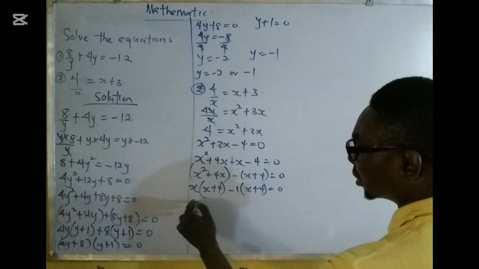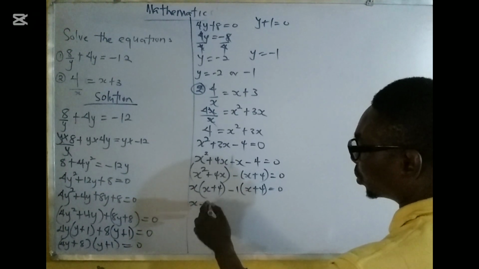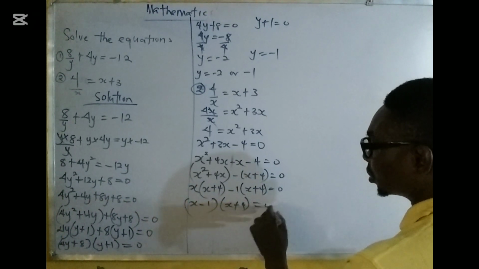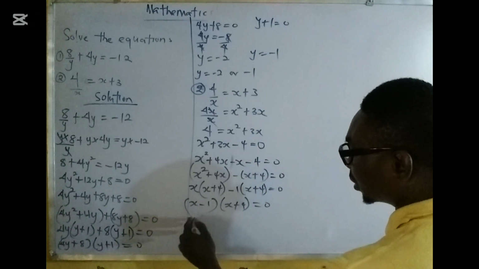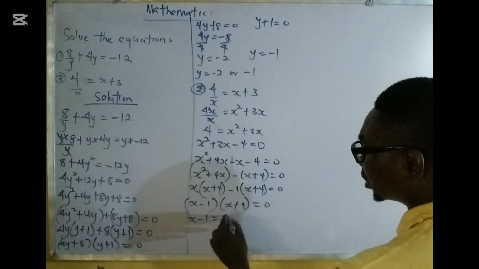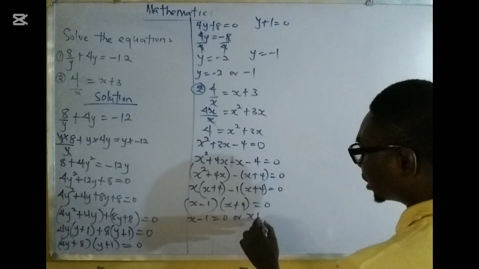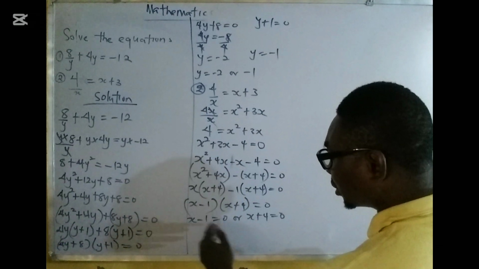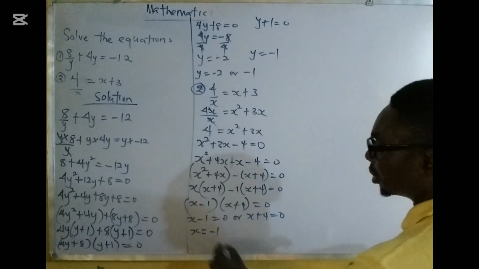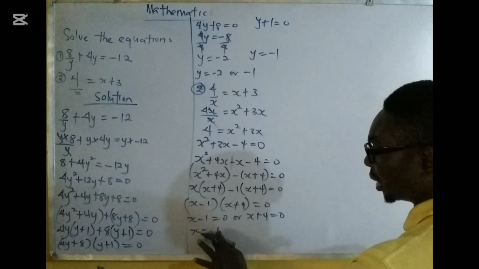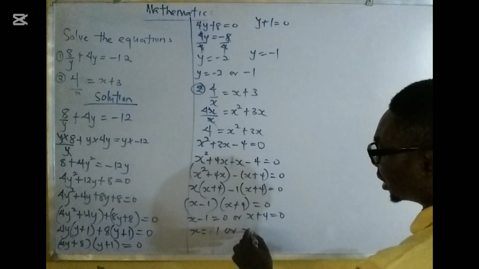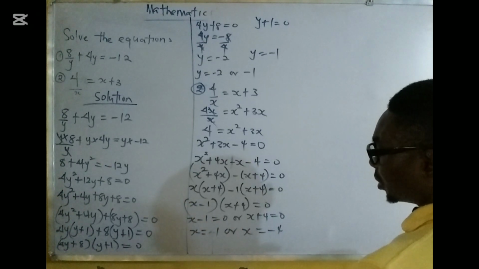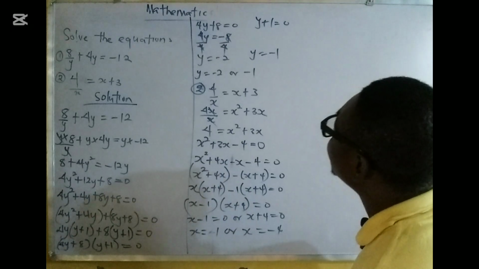Then you write out all the factors outside the bracket, which is x minus 1. Then since these are common, x plus 4, which is equal to 0. Therefore, x minus 1 is equal to 0, or x plus 4 is equal to 0. Then, collecting like terms, our x now is equal to 1, or our x now is equal to minus 4. So that is it.